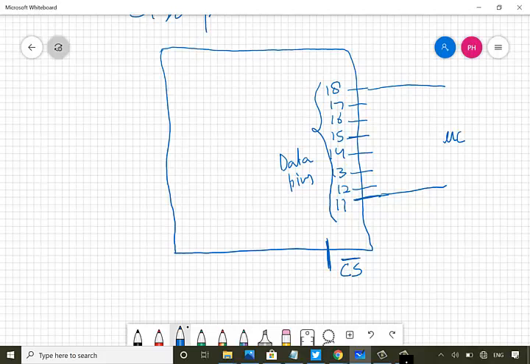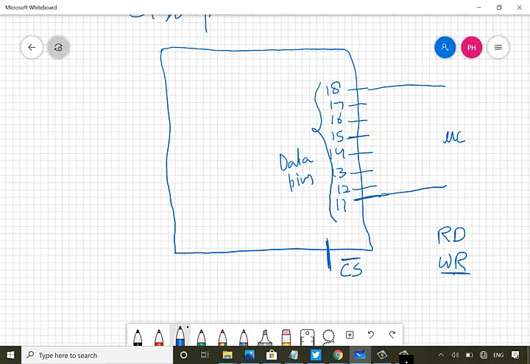Then there are two more important pins. We have RD, that's read, and we have write. Both of these signals are active low. So what's the purpose of read and write?